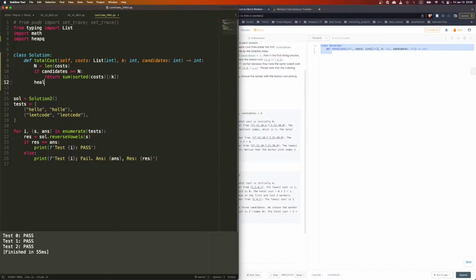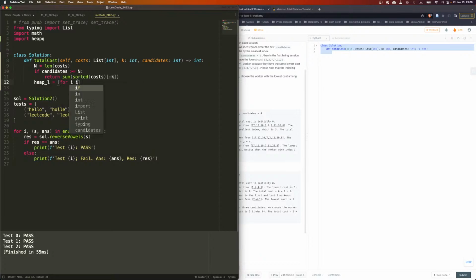Otherwise, we can say heap left equals... when they overlap at the beginning, that's fine. So heap left equals, we take the first candidates among them.